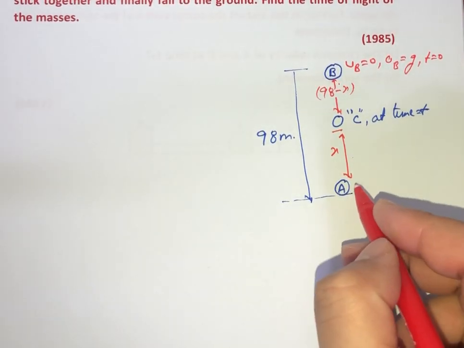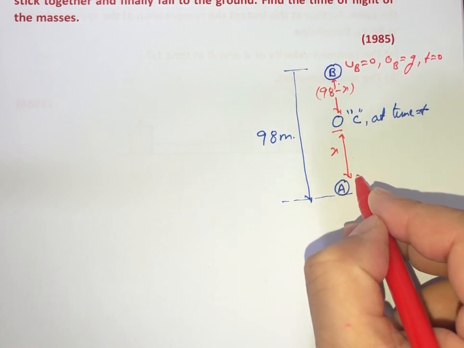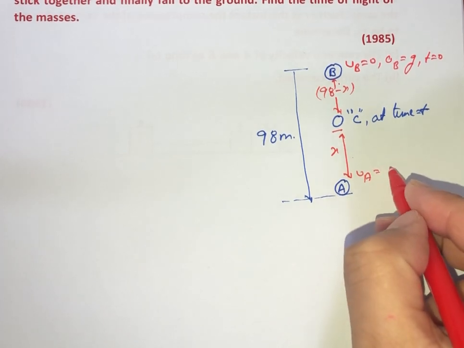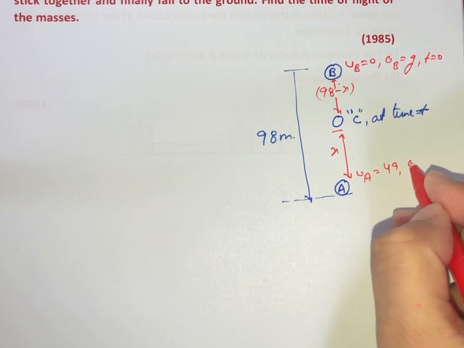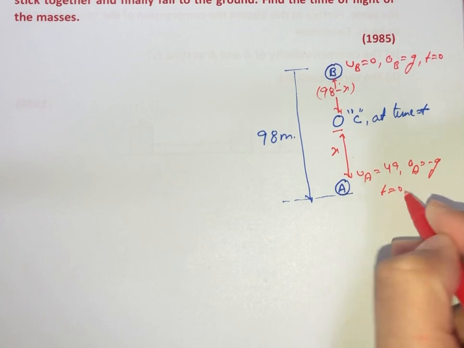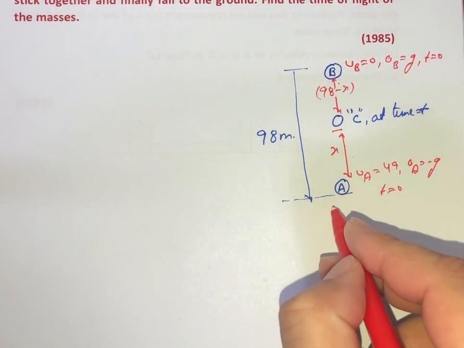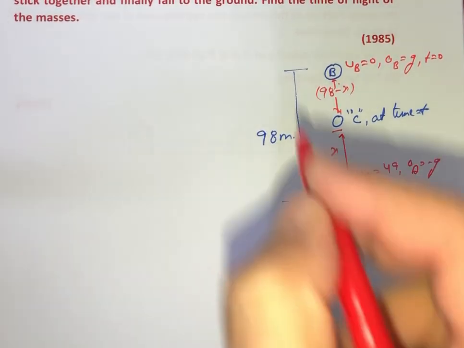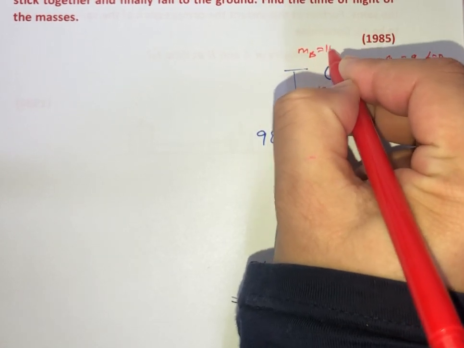Similarly, the initial velocity of ball A is given as 49, and its acceleration will be minus g, and t is equal to 0 initially. And we have mass of A is 100 gram, and mass of B is also 100 gram.